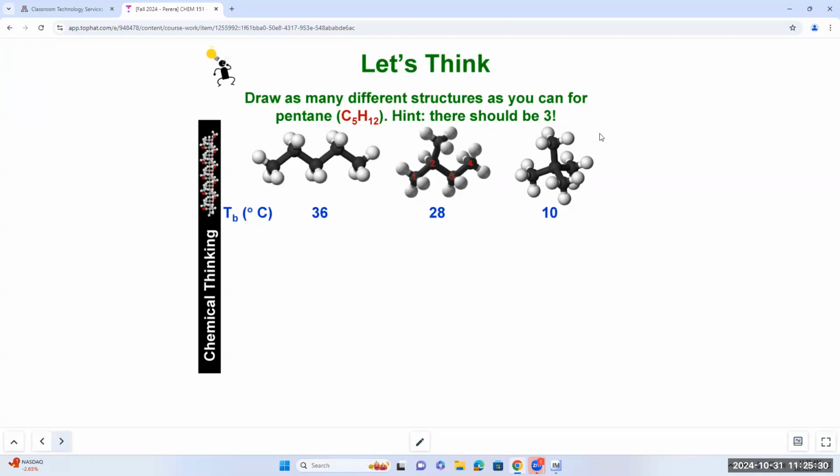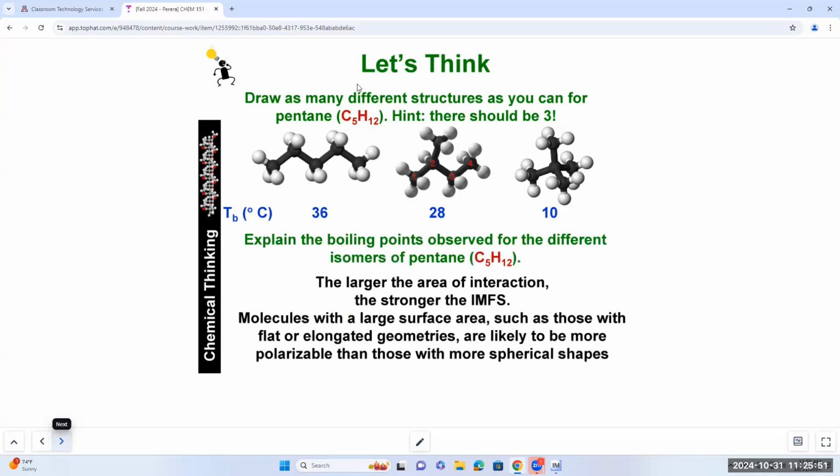You're going to straight away bring up that term: surface area of contact is reduced in, say, B compared to A. That's why it has weaker intermolecular forces. Weaker intermolecular forces means lower boiling point. That's why we have 28 as opposed to 36 in the middle one compared to the first one. The key word is the surface area of contact.